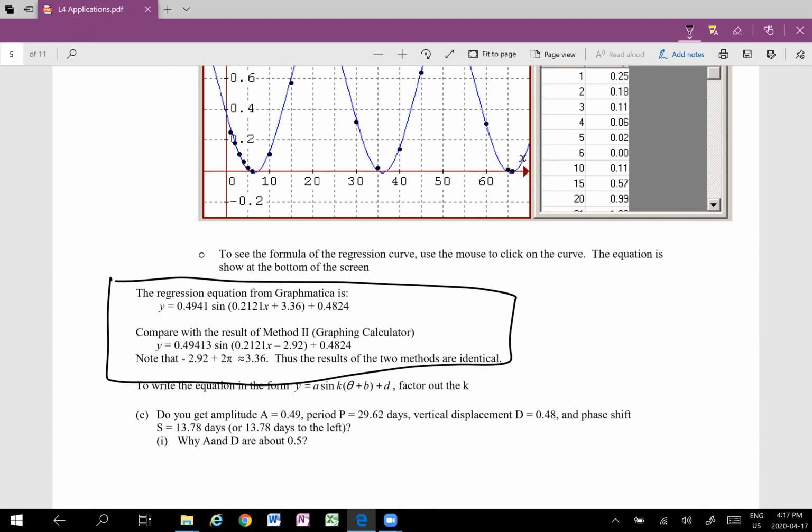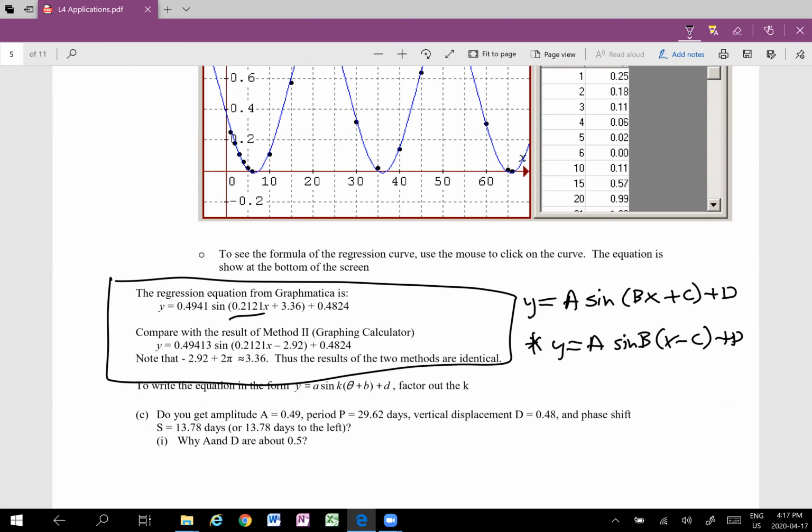Now, it might look a little different because what they did is they actually expanded this form, whereas we've been teaching you this way, factored form. So just be aware that that's their B value, and then if you actually expand it properly, then you should be all right.